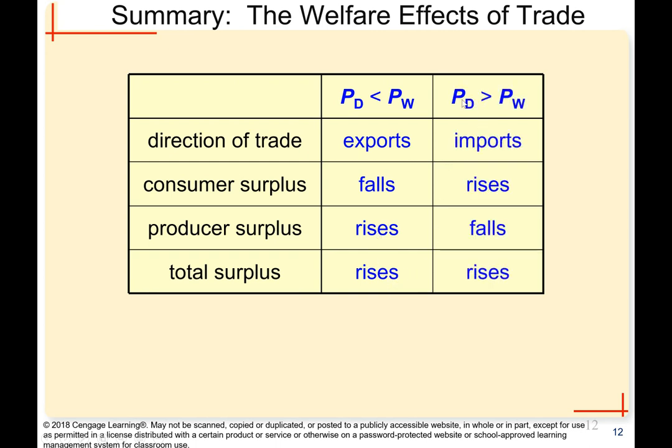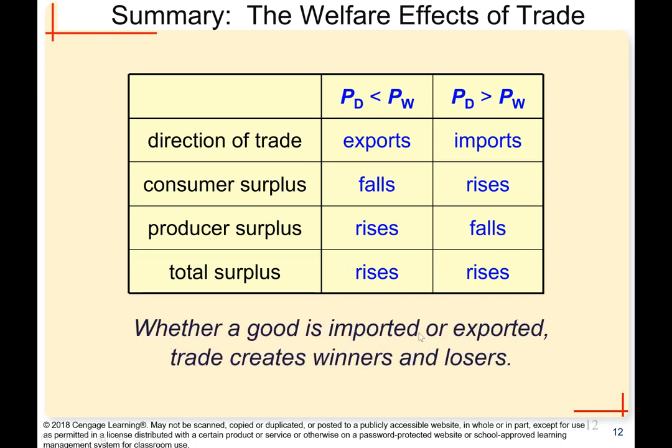On the other hand, when domestic price is higher than world price, then the country will import this particular product. Consumer surplus increases, consumers benefit when domestic price falls, and producer surplus falls. Producers don't like it when price falls, but total surplus rises. This is key because when total surplus rises, then there is benefit to trade.